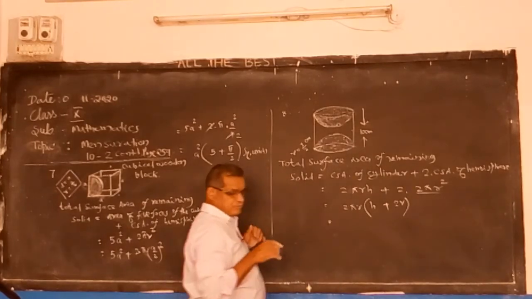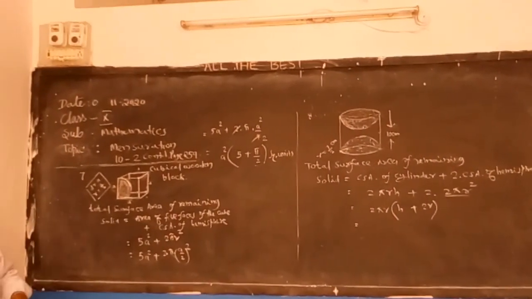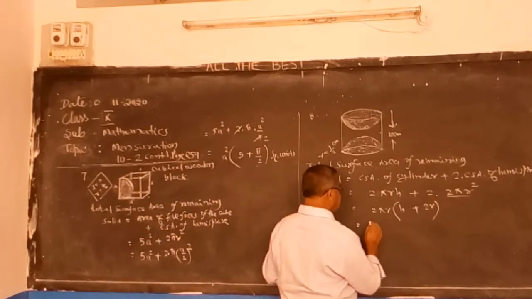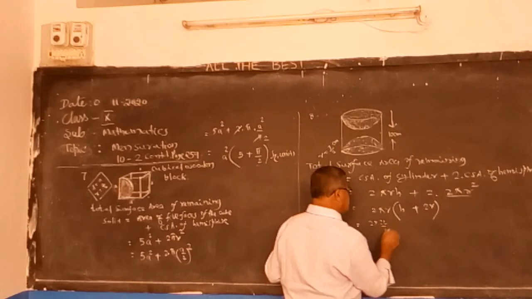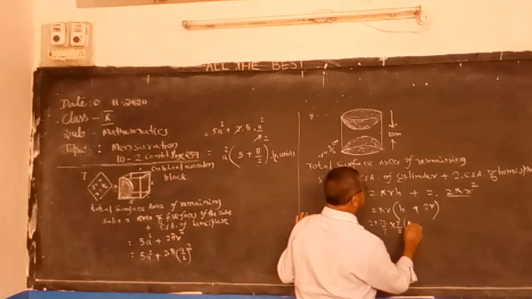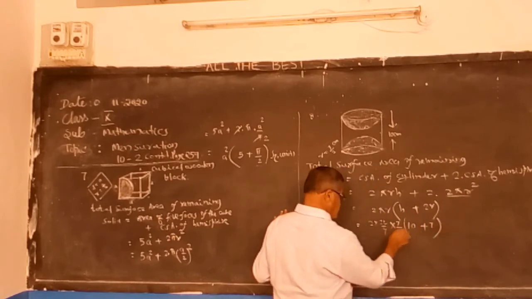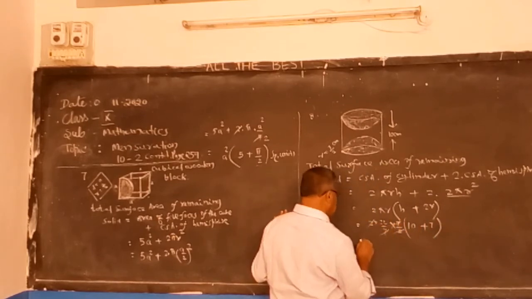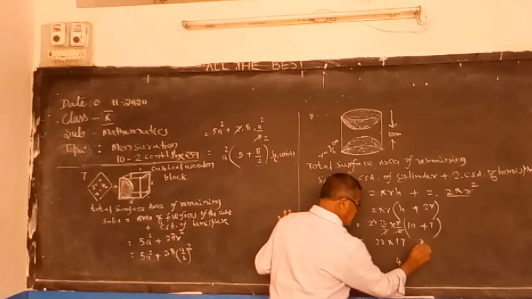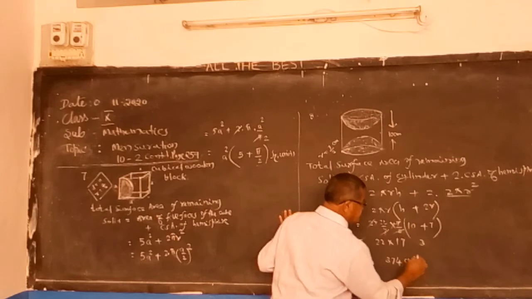Substitute the values. 2 into 22 by 7 into radius 7 by 2 into h value given 10 plus 2r, 3.5 into 2 is 7. 2 cancel, 7 7 cancel, 22 into 17. 2 17s are 34, 22 into 17 is 374 cm square.